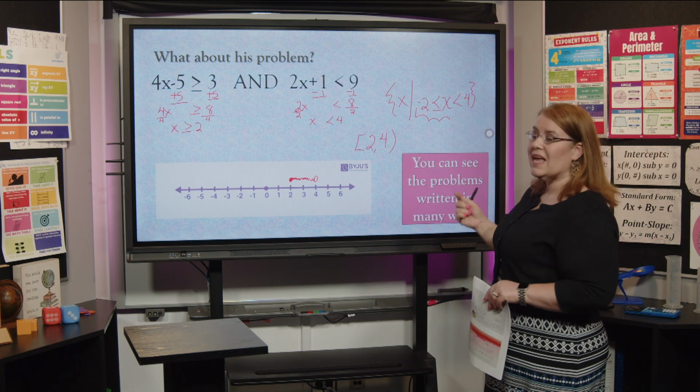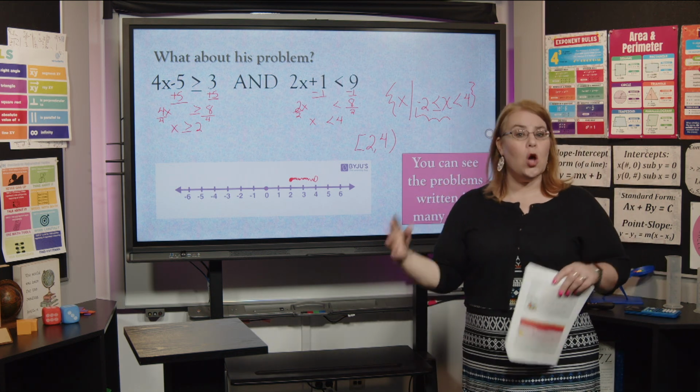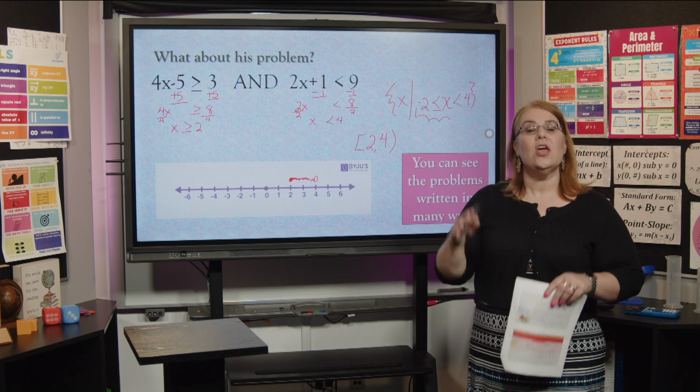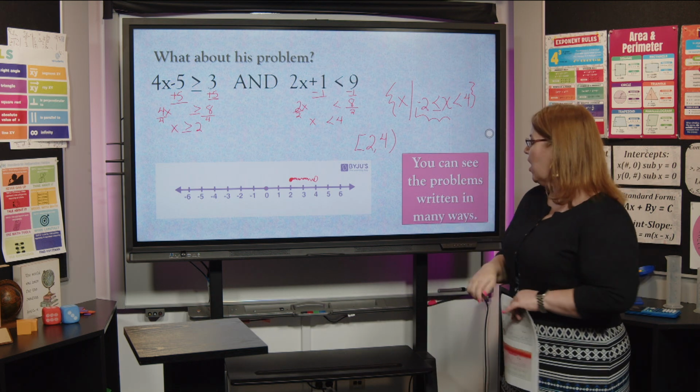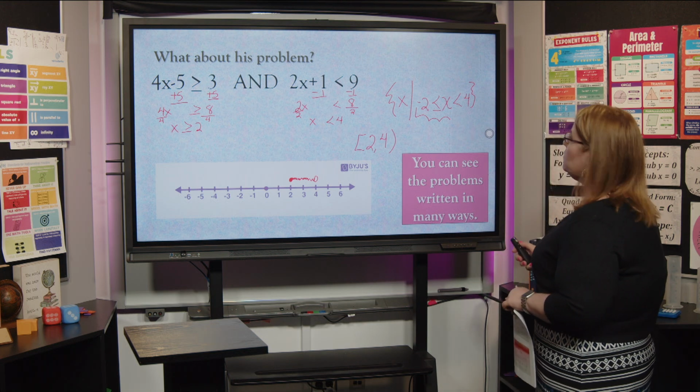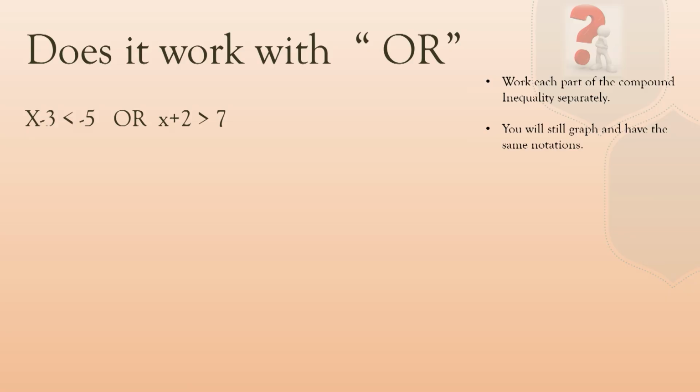When you write this set notation, unless there's no way, form, or possibility, you always try to use the same type of inequalities. All right, so let's go to the next one. It says, does it work with "or" problems? All right, work each part of the compound inequality separately. You will still graph and have the same notation. So let's go ahead and work this.